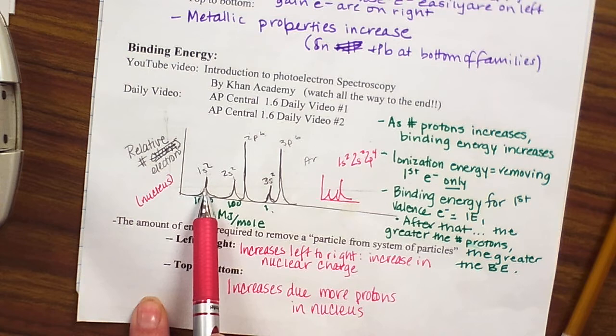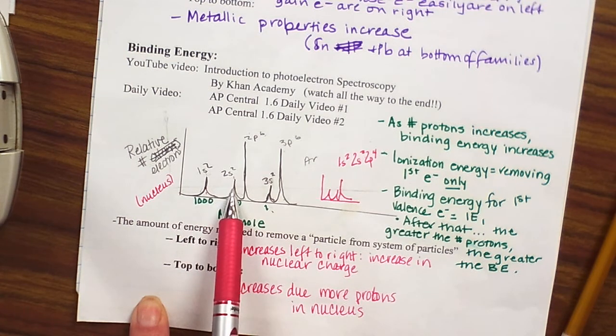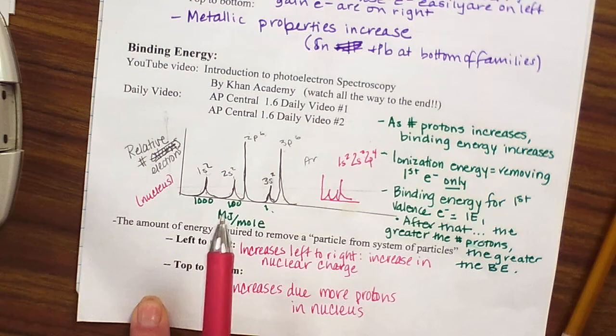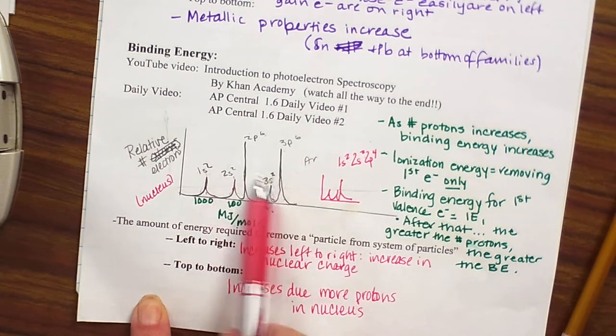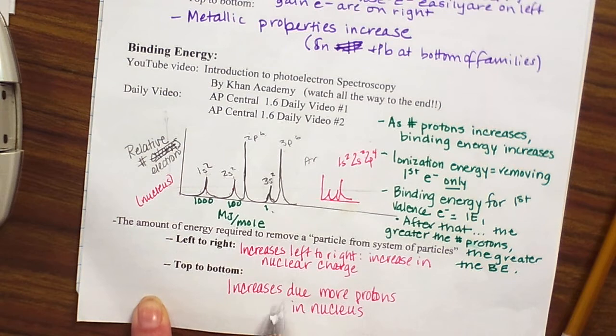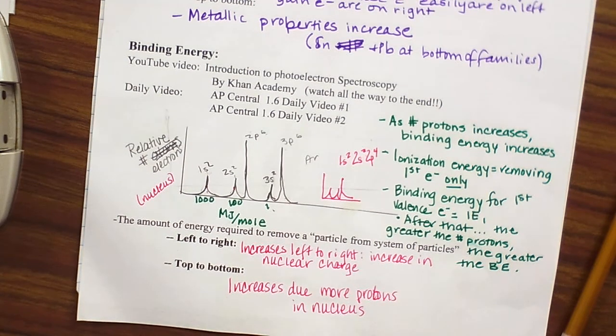What's the binding energy of this one? So you can pick an electron and get the binding energy of that electron. And the binding energy of them increases when you have more protons, right? The ionization energy is what it is because you're only pulling off the last electron. That's all.